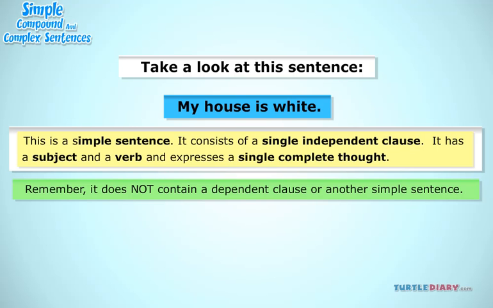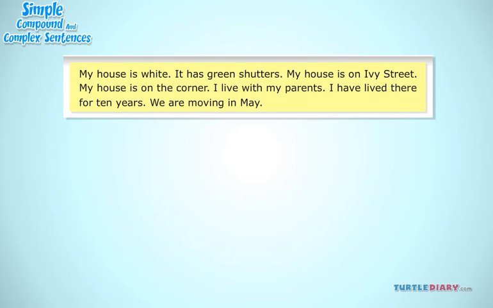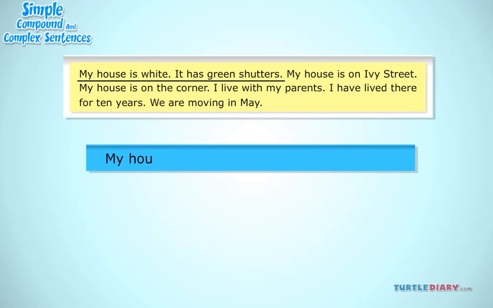Now, again, take a look at the paragraph we saw at the beginning of the lesson. Can we combine the first two sentences of the paragraph? Yes, and for that, we have to use all of the words that are in those two sentences, and we can add one more word. My house is white, and it has green shutters.